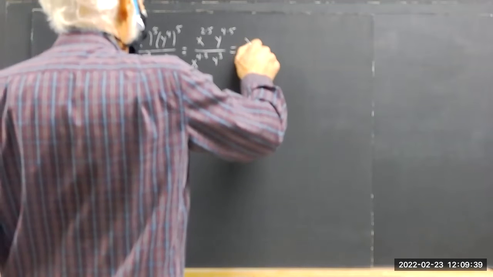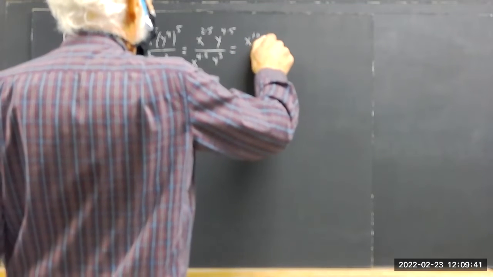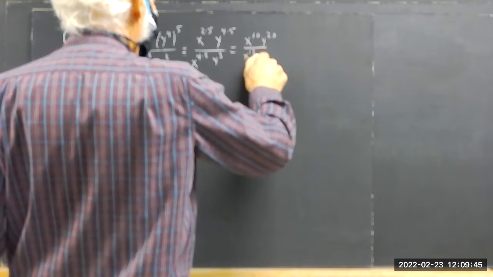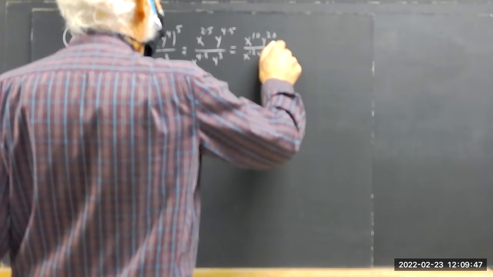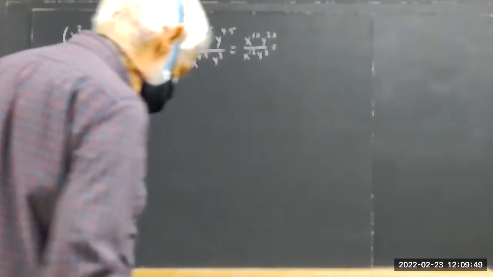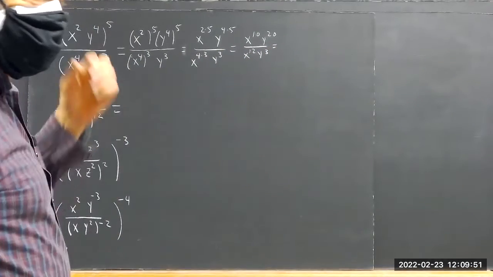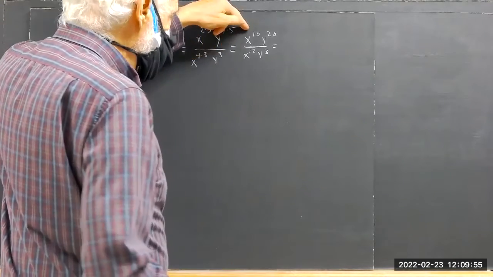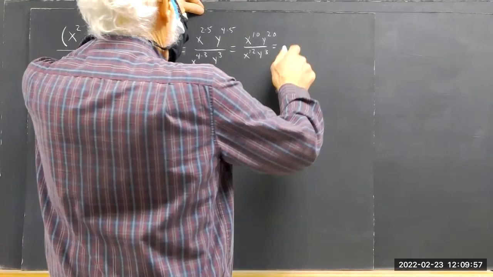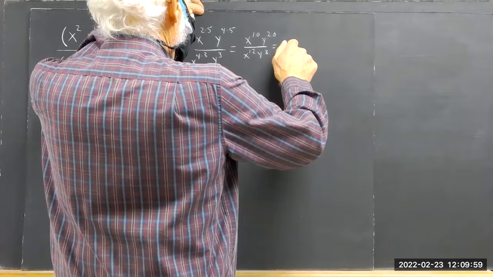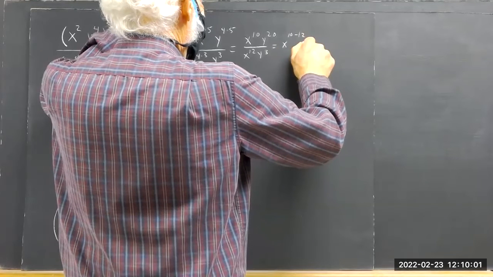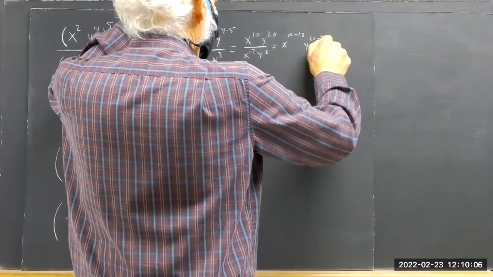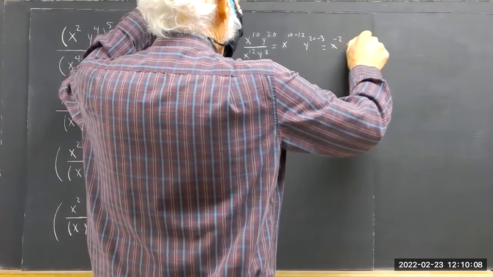And then that gives us x to the 10th, y to the 20th, over x to the 12th, y cubed. So depending on how you want to write it, if you just do power of the numerator minus power of the denominator, this is going to be x to the 10 minus 12, y to the 20 minus 3, which is x to the negative 2, y to the 17.